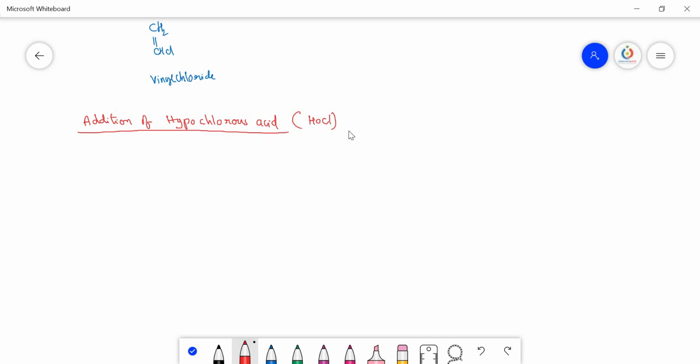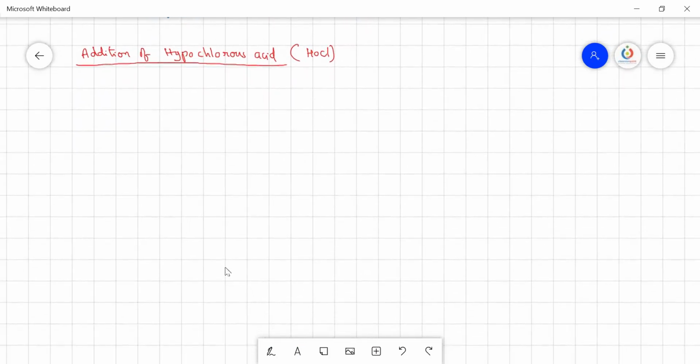In this particular case, I forgot one more thing: the order of reactivity of the hydrogen halides towards the alkene is that hydroiodic acid is more reactive than hydrobromic acid, which is more reactive than hydrochloric acid, than hydrofluoric acid. So this is the way they react actually with the alkynes. Now let us see how the hypohalous acid reacts with the alkynes.